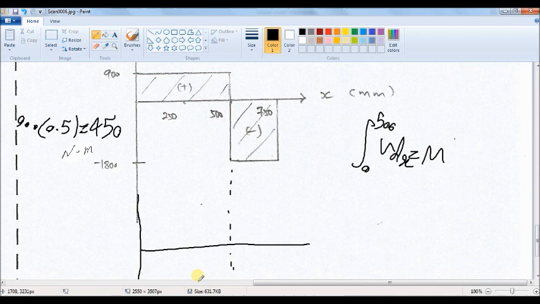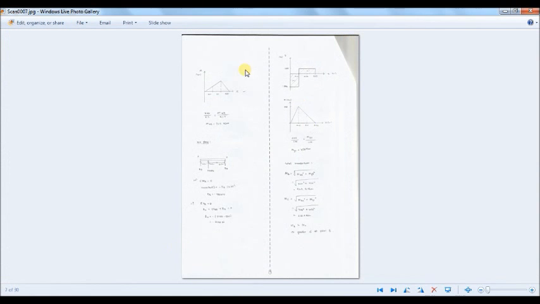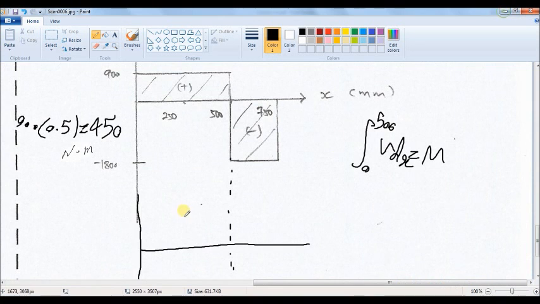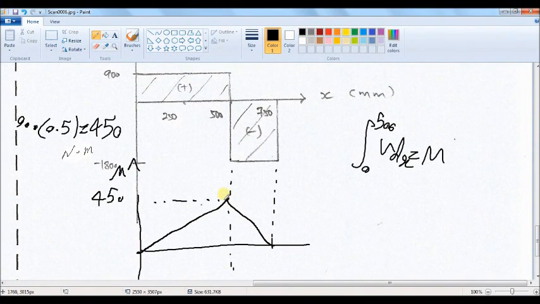Okay, so I have to draw a line. Here is 450 Newton. Okay, so I will draw a line from 0 to positive 450 Newton.